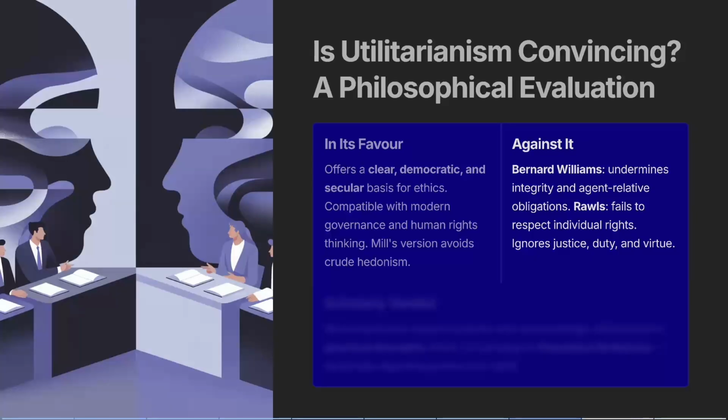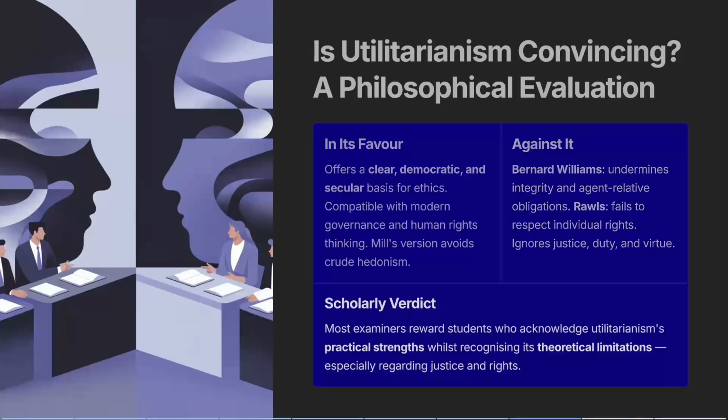But critics will argue, however, that focusing only on the consequences ignores other important moral values like justice, rights, and fairness. And because of this, many philosophers believe utilitarianism provides important insights but may not be sufficient as a complete moral theory.